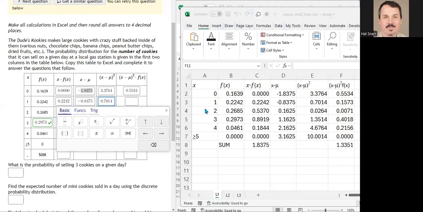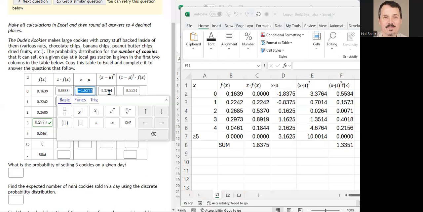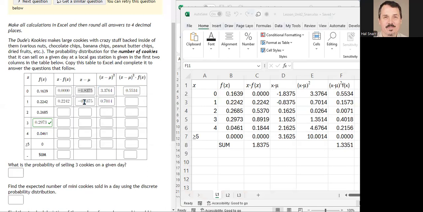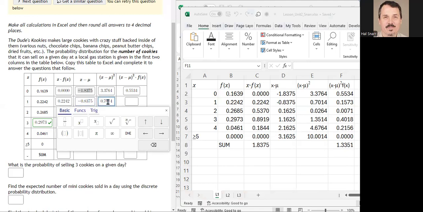The closer we get to the mean, the smaller these two numbers get, right? 0 is a lot further from the mean than 1, which is why its deviation from the mean and its square deviation from the mean are larger than that of x equals 1, right?